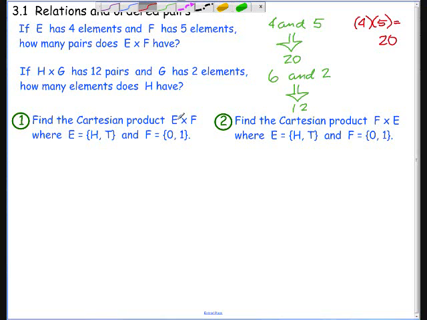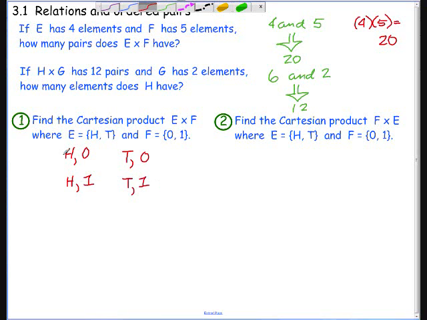Find the Cartesian product E cross F, where E is H, T, could be heads and tails, and F is 0, 1. The Cartesian product of E cross F. So H is going to be my first member, or T. And I know I've got 2 possibilities here. We can either have 0 or 1.